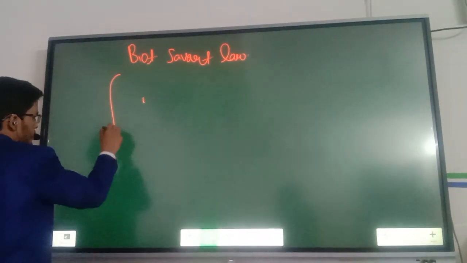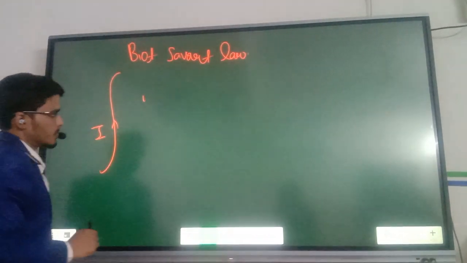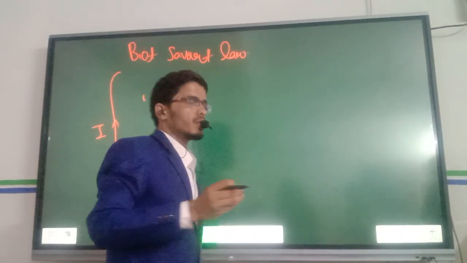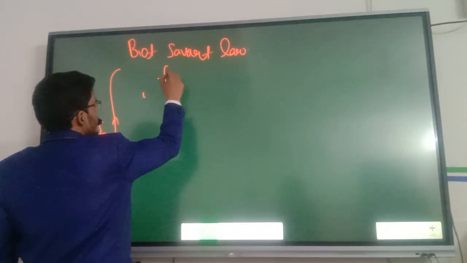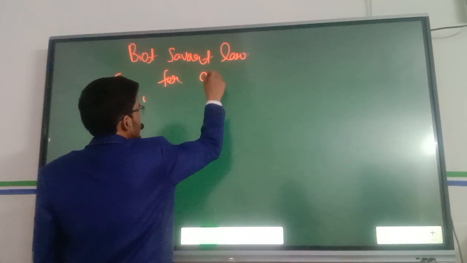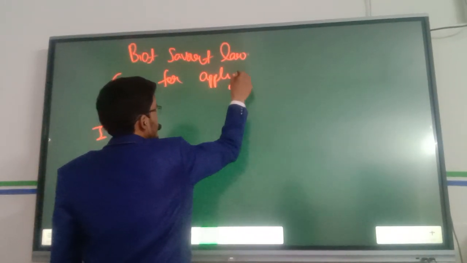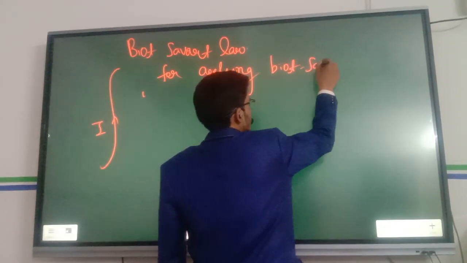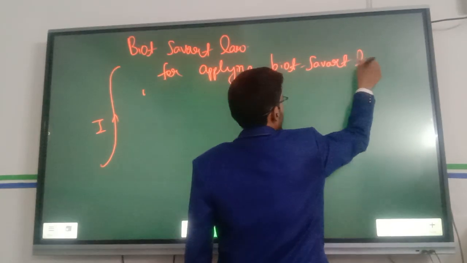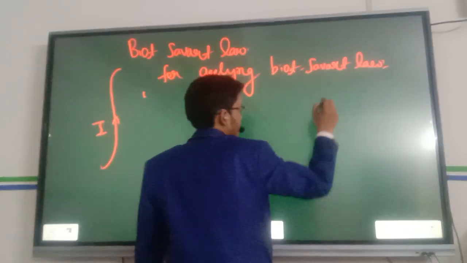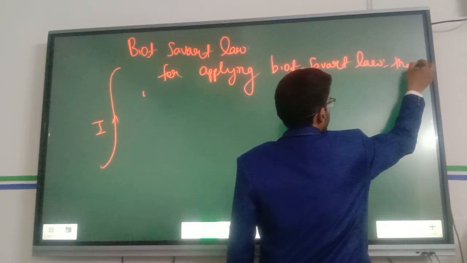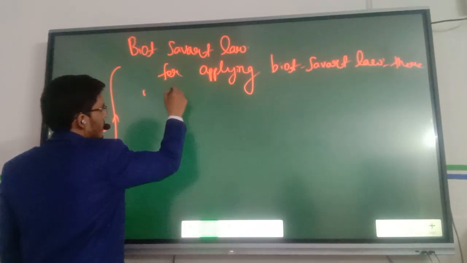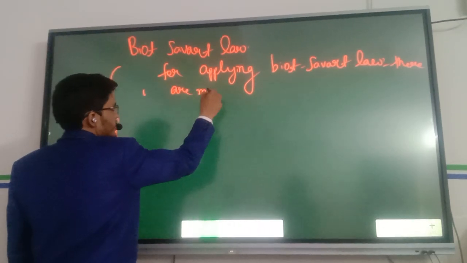Suppose we have a wire, current I is passing through the wire, and suppose the length of the wire is finite. For applying the Biot-Savart law, there are many steps.